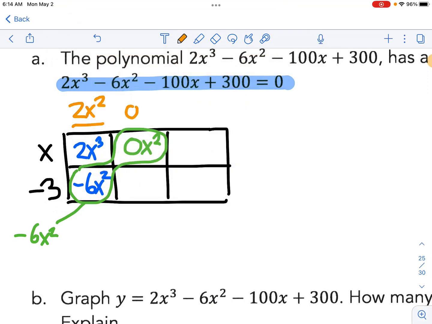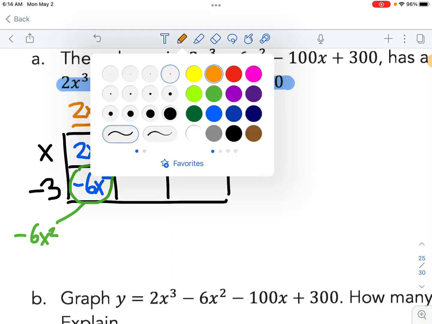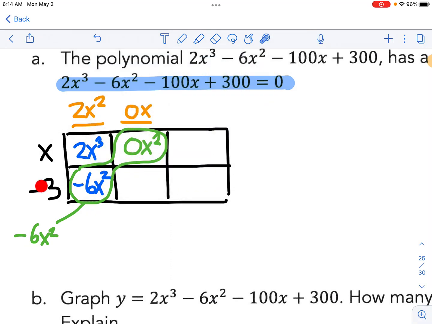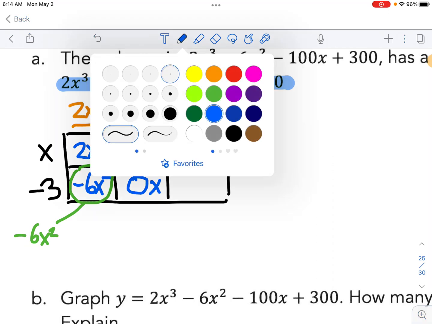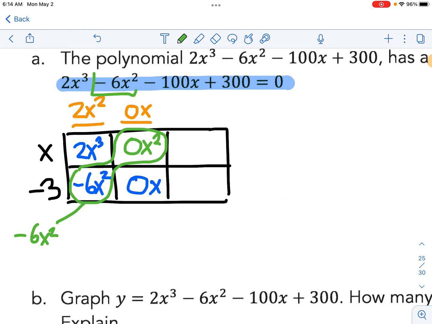So what that means then is up here, this must be 0x, this next fill in the blank. And if that fill in the blank is 0x and we multiply down, play the multiply game, right, then this must also be 0x. Let me just backtrack, right?